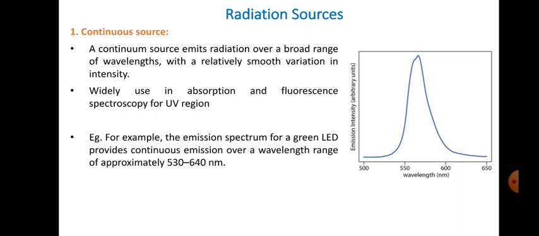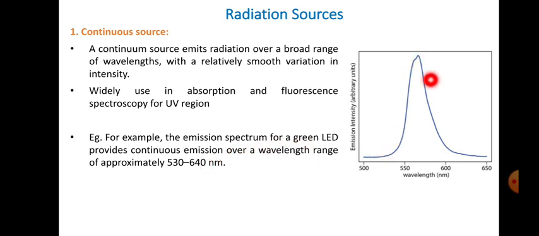These kinds of continuum radiation sources we will be using in absorption spectroscopy, especially UV visible spectroscopy and fluorescence spectroscopy. For example, we can take an emission spectrum for a green LED light, which provides continuous emission over a wavelength range of approximately 530 to 640.